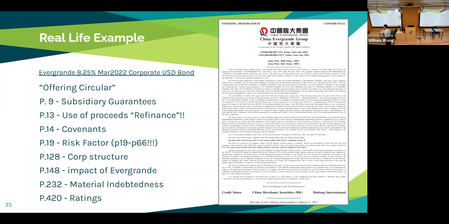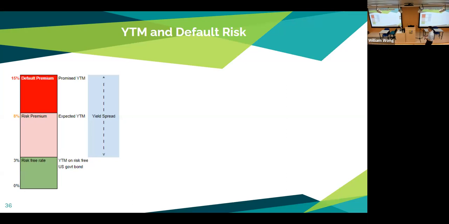It is actually not guaranteed by the parent company. It is a subsidiary guaranteed bond. So if anything fails, they just bankrupt the subsidiary. It won't touch the parent. That is a big problem. Huge problem. But you know what? When they're trying to sell the bond, they don't really care.